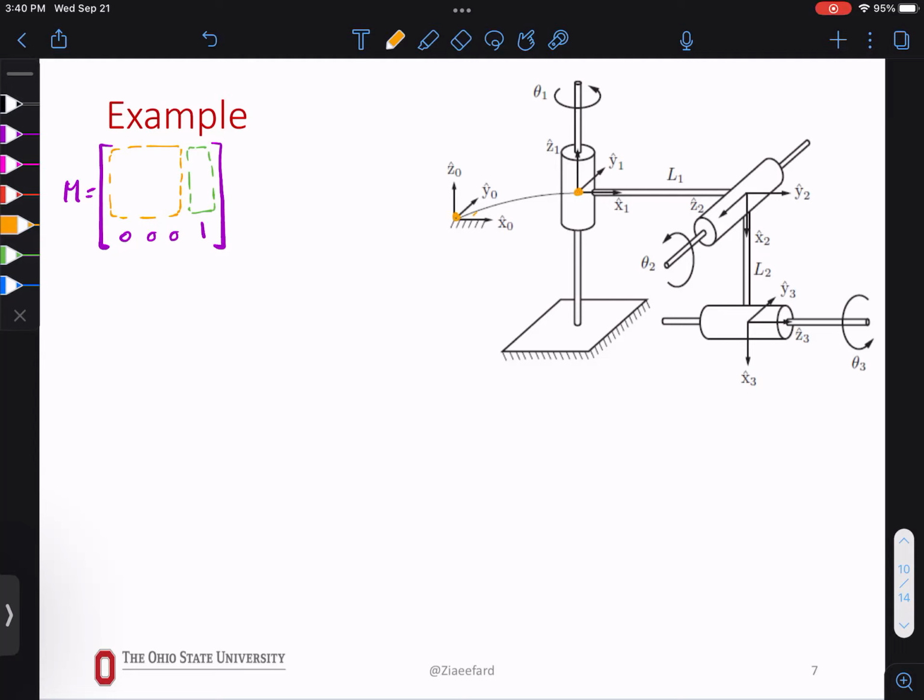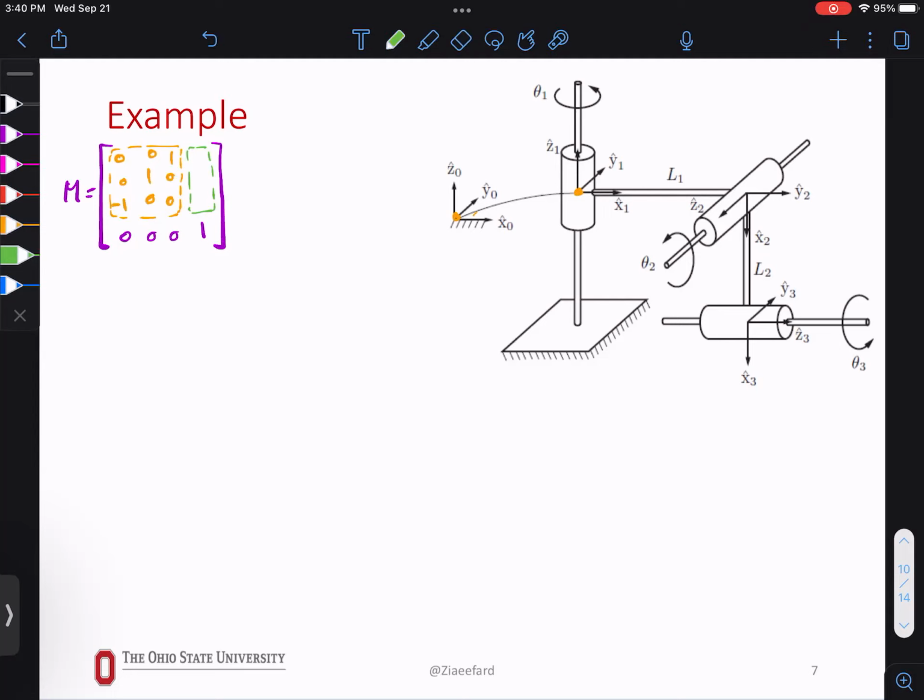Now, we're trying to find the frame 3 axes directions in frame 0. So we have 0, this is X3, 0, 0, 1, negative 1, sorry, 0, 1, 0, 1, 0, 0.